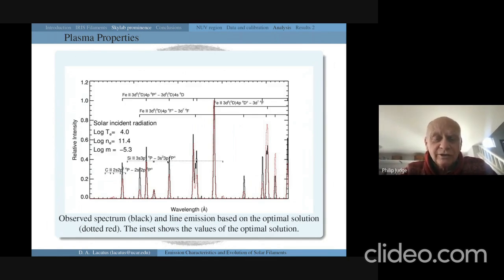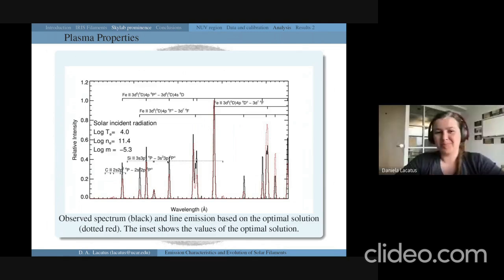Given the thermodynamic state of these things, it's very easy to ionize neutral magnesium and iron in this region of the atmosphere. It's very difficult to ionize iron plus and magnesium plus. You need high electron temperatures on the order of several times 10 to the 4 K, and the numbers we're getting are a bit smaller than that. So what this gives you is a real measure of the mass to within a factor of 2 to 5 or so of the entire prominence. I just wanted to point that out for those interested in those things. Thank you very much.